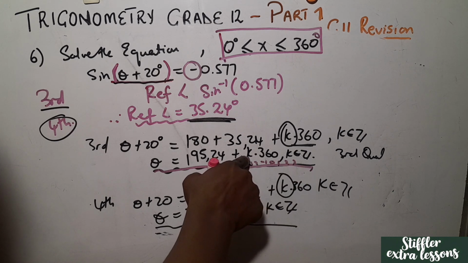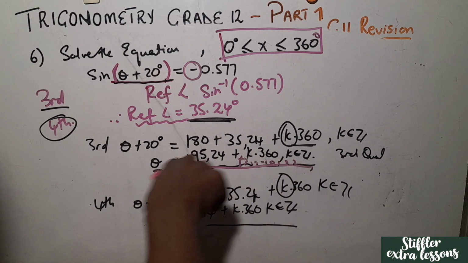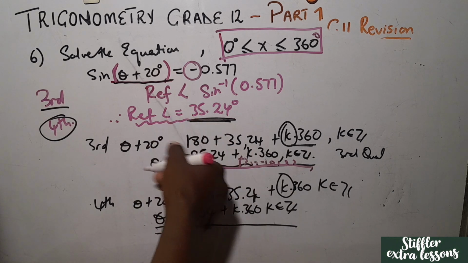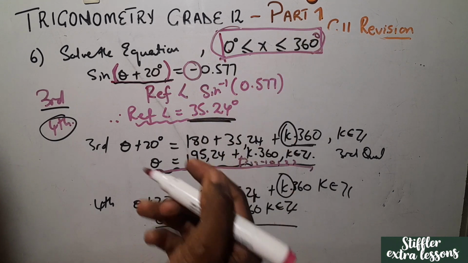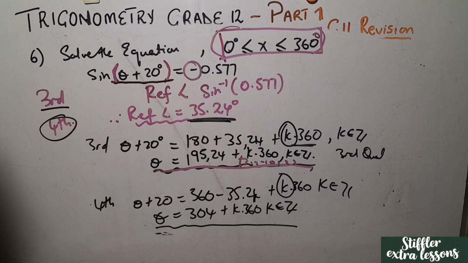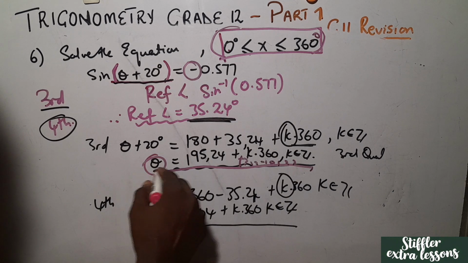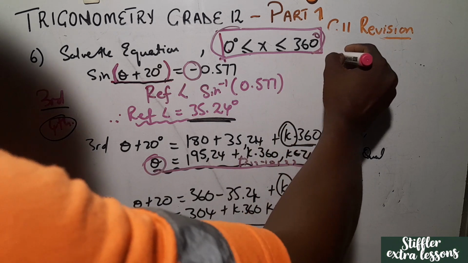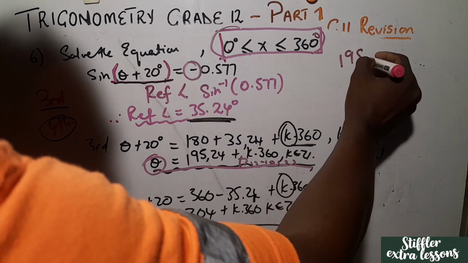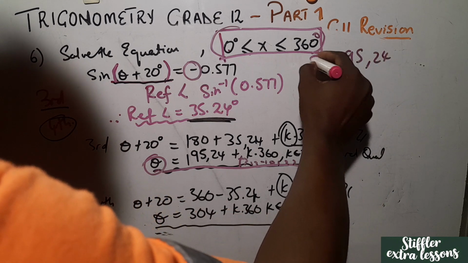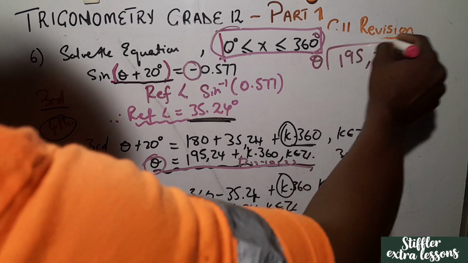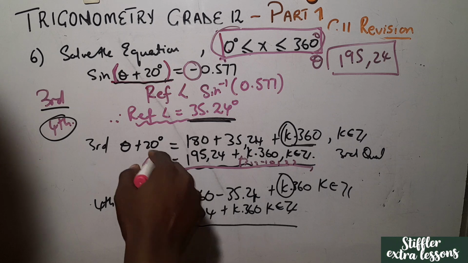I'll substitute the value of k repeatedly. Any value that fits here is my solution, right? After punching the third quadrant one, I only find 195.24 as my value of theta. This is the only one that fits.